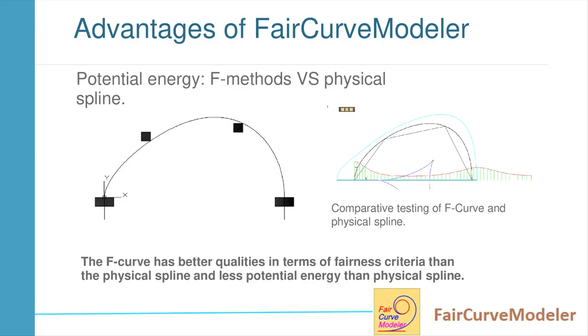It turned out that the F curve, constructed on the same initial polyline as the physical spline, has a smaller variation and curvature, and a lower value of potential energy. Of course, a curved bar simply clamped at both ends does have minimal potential energy. No one argues with this, but for a physical spline deformed with weights, this turns out to be not the case.